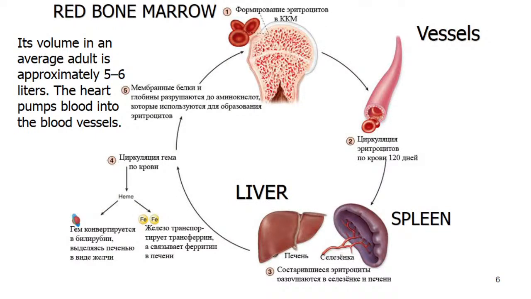Look at this interesting picture. In this slide, we have illustrations of the interactions between some very important organs of the blood and blood system. The blood system is not the cardiovascular system, and it is also not the lymphatic system.